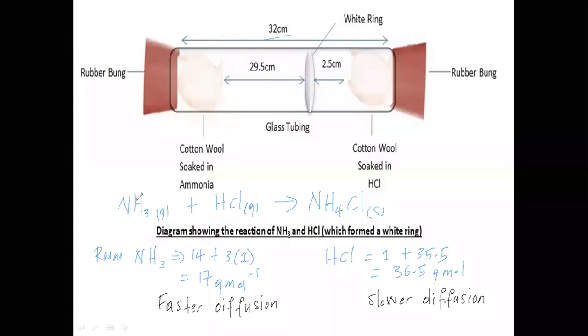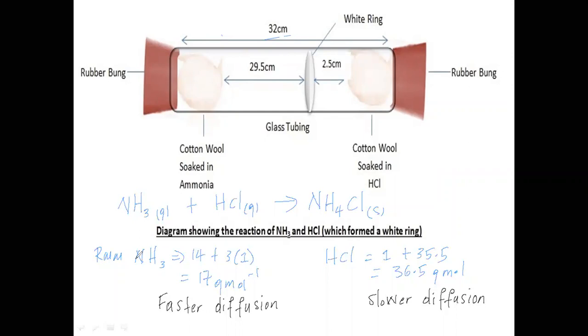As we can see here, we have the equation for the reaction between ammonia and hydrogen chloride. They will react to form ammonium chloride, which is a solid. This explains the white ring that is seen in this experiment. Now, as to why ammonia diffuses at a faster rate than the hydrogen chloride, this is explained by their RMM, that is the weight of one molecule of the substance in grams per mole.